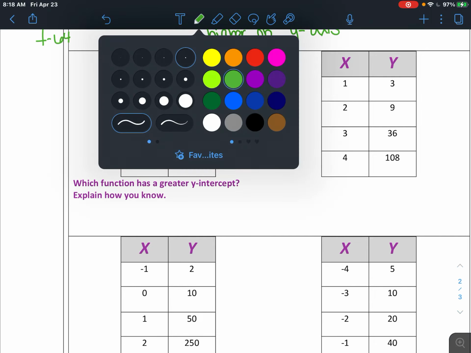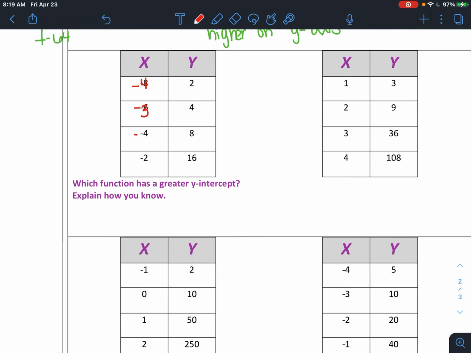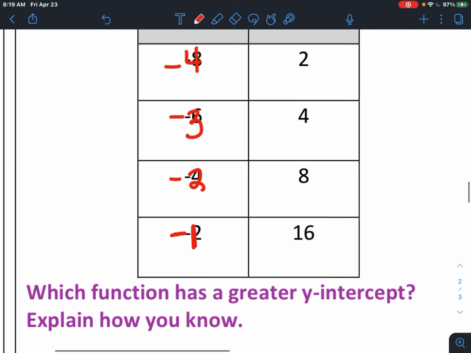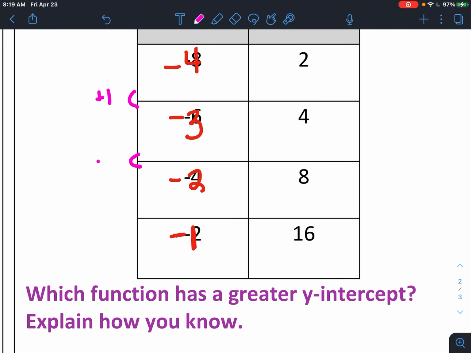These numbers are different than on your worksheet, so let me fix those. Okay, so this should be -4, -3, -2, and -1. And 1, 2, 3, 4. Perfect. Okay. So for this one, we are increasing by 1, increasing by 1, increasing by 1.